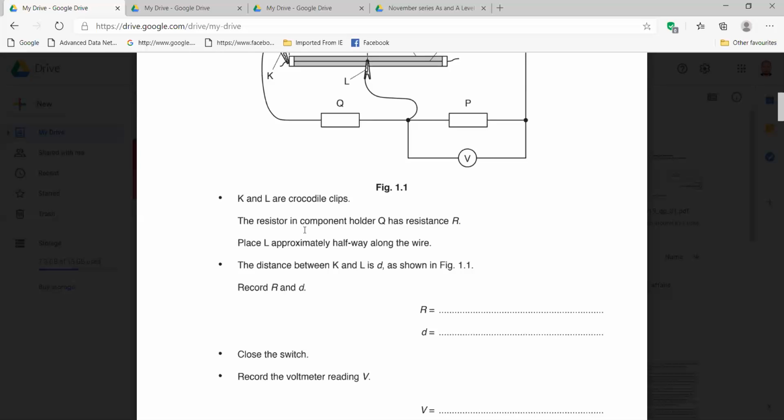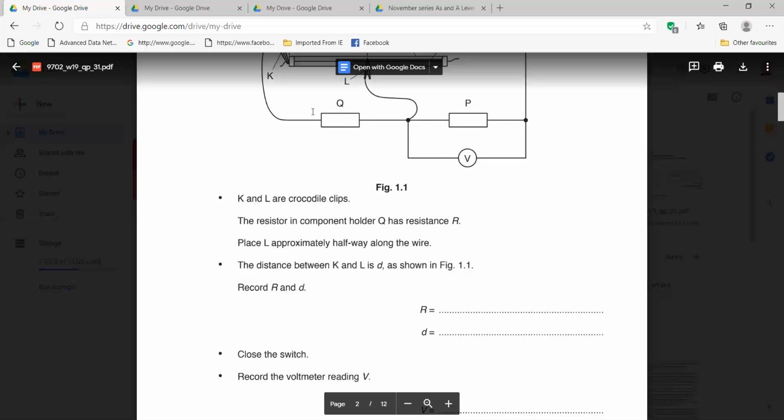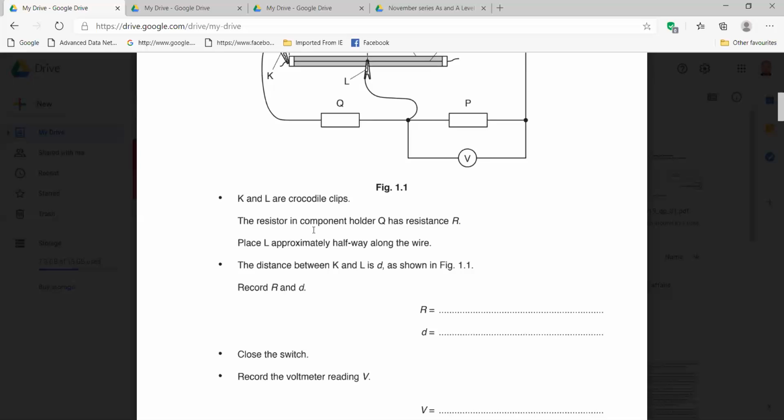Now the resistor in component holder Q has the resistance R. Are you getting what I am saying? Q is the component holder, right? And this component holder is having a resistor.